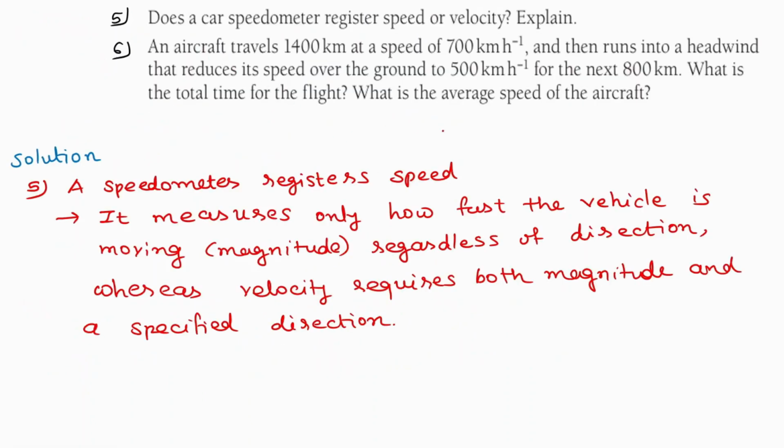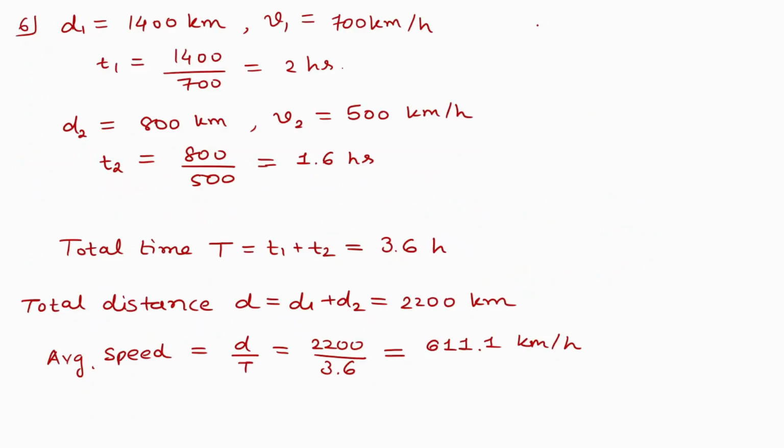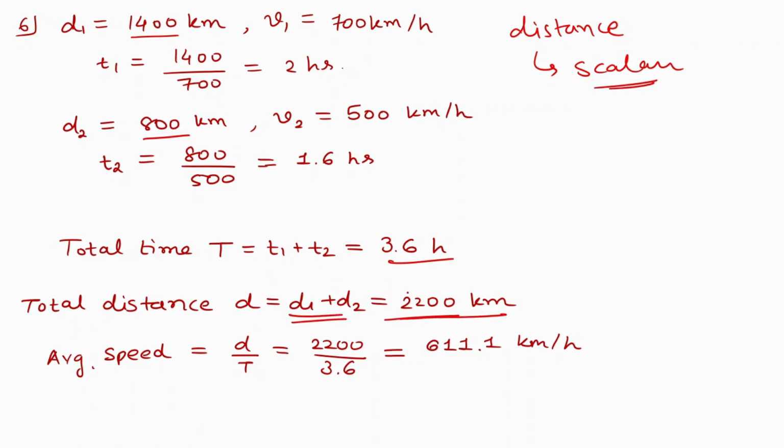Now another question is the average speed of the aircraft. Now you have the total time and the total distance. Here I am talking about distance, which is a scalar, so do not bother about the direction here. You just add and you will get 2200 kilometer.